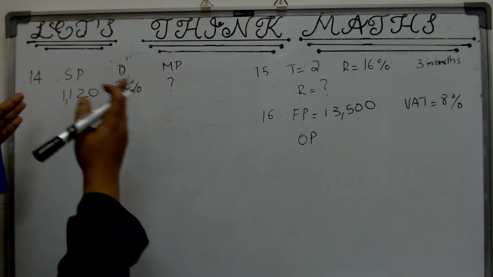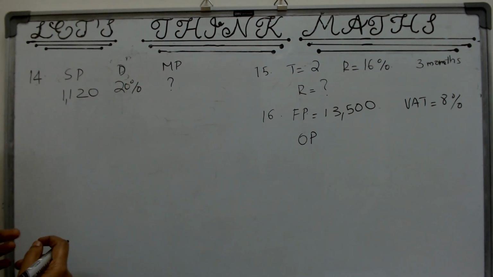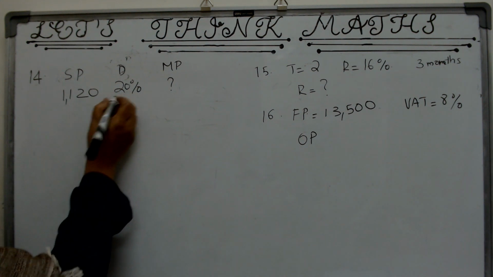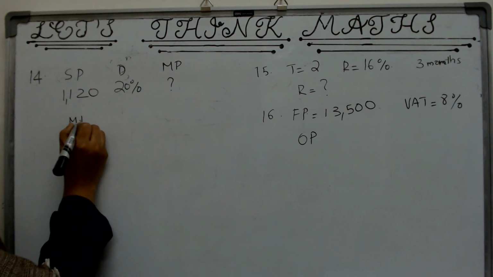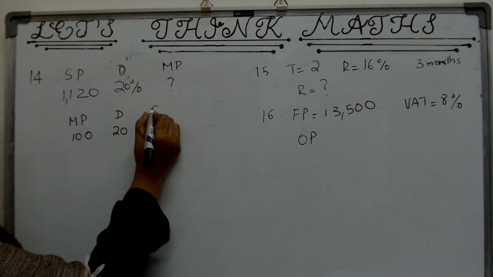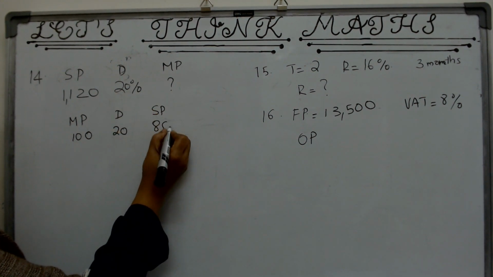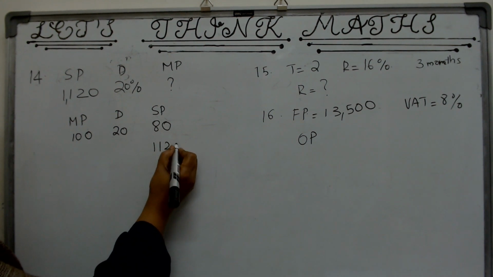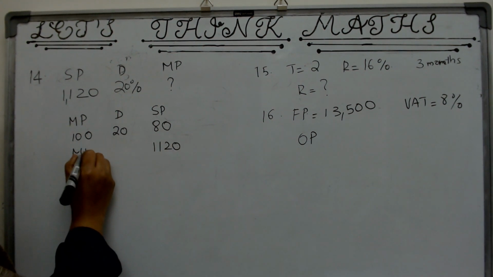We cannot use it in the formula, but then what can you use? You can use it in the definition. What is discount percentage? When the marked price is 100, the discount is 20. That means the sale price he just has to pay is 80, but the sale price is actually this. Then what is the marked price?